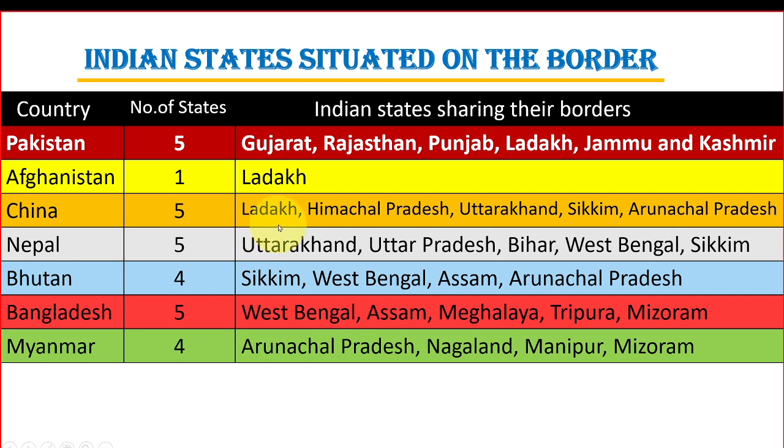With China, 5: Ladakh, Himachal Pradesh, Uttarakhand, Sikkim, Arunachal Pradesh. With Nepal, 5 states have a common border: Uttarakhand, Uttar Pradesh, Bihar, West Bengal, and Sikkim. With Bhutan, 4 states: Sikkim, West Bengal, Assam, Arunachal Pradesh. Bangladesh, we share 5 states' borders: West Bengal, Assam, Meghalaya, Tripura, and Mizoram. Myanmar, 4 states: Arunachal Pradesh, Nagaland, Manipur, and Mizoram.